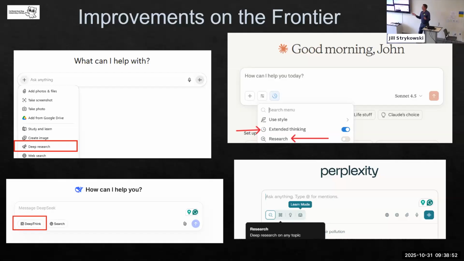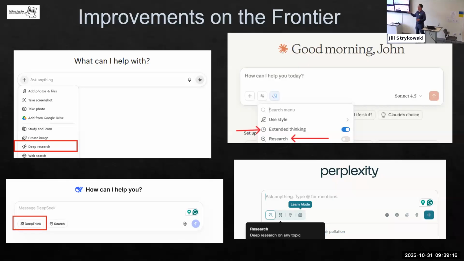So they also have access to the internet now. Before it answers your question, it can go out and do research on the web and find websites or different resources to answer your question. And that addresses the grounding problem, because it'll go out and find things for you.